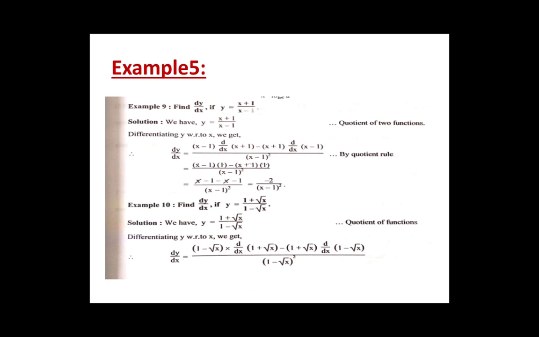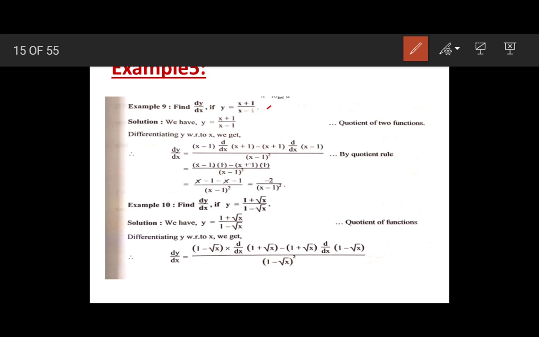Now let's see some more examples on u upon v rule. So the question is find dy upon dx if y is equal to x plus 1 upon x minus 1. So clearly it is in the form of u upon v. Okay, so v into derivative of u minus u into derivative of v upon v square.